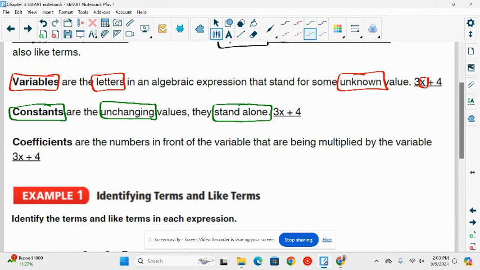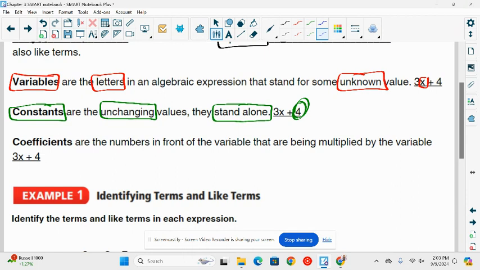So in the expression 3x plus 4, which one is the constant? Just the 4, because constants stand all by themselves. It doesn't matter what happens in the expression, the 4 is always going to be a 4.